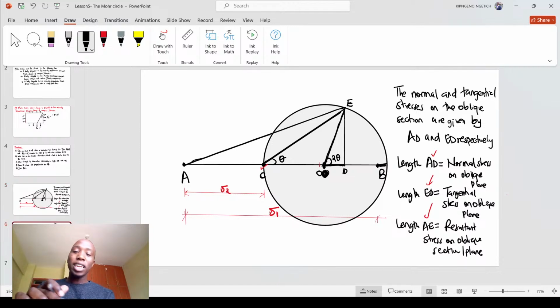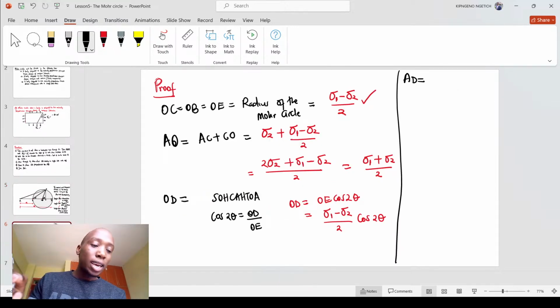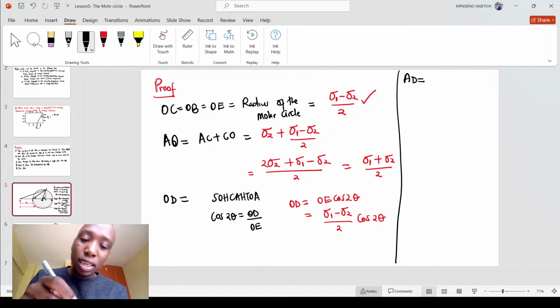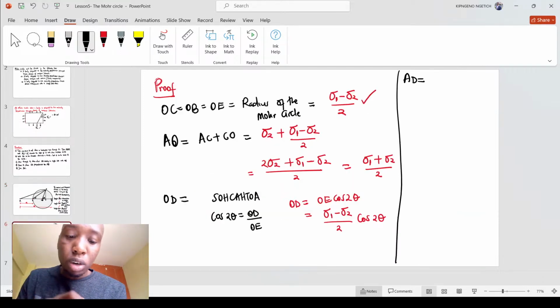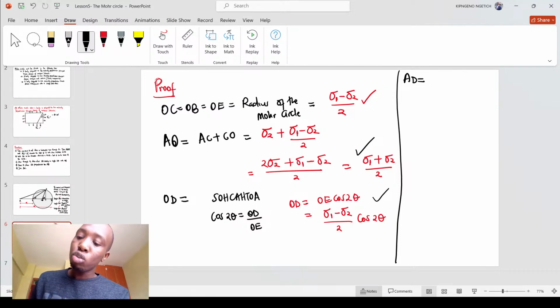Yes. So the length AD will be given by AO plus OD, because we already have AO. We have AO here, then we have OD here. So it will be the length AO plus OD.